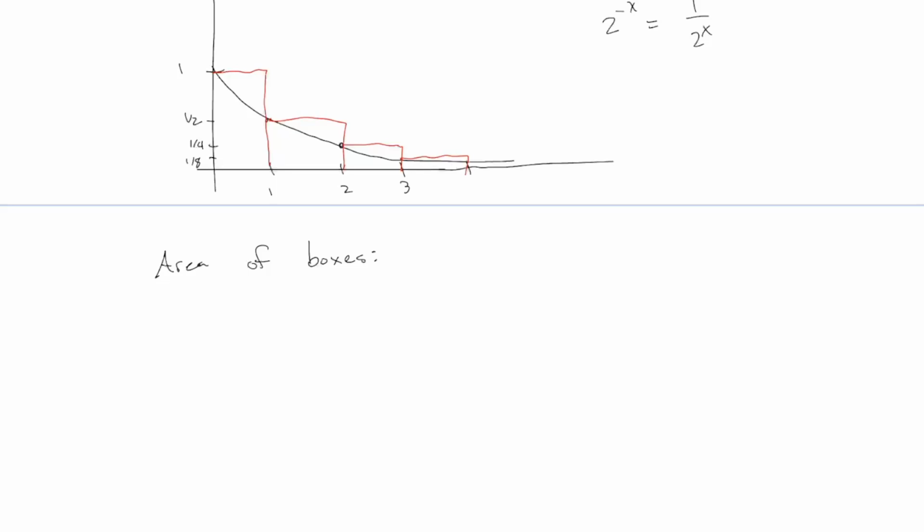These boxes all have width 1, but their heights are different, just because of the way I drew them. The base width is 1. That means the area is just going to be equal to the height, because the area is the width times the height, but in this case, all the widths are 1. So these areas will just equal their heights.